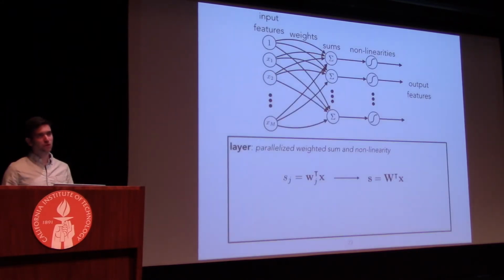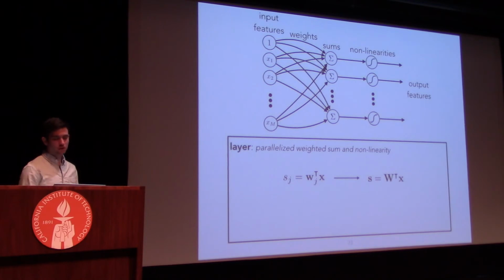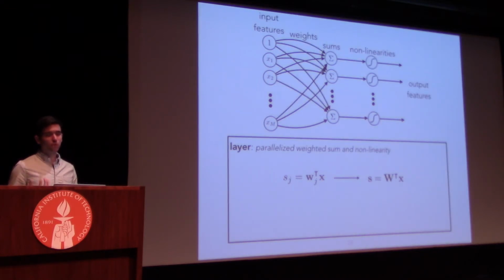So now if we go to the layered level, what is a layer doing? Well, each artificial neuron is computing this dot product of a weight vector with an input vector. Now what we can do is parallelize that and have, instead of a weight vector, a weight matrix. So this weight matrix contains all of the weight vectors for all of the neurons in that layer.